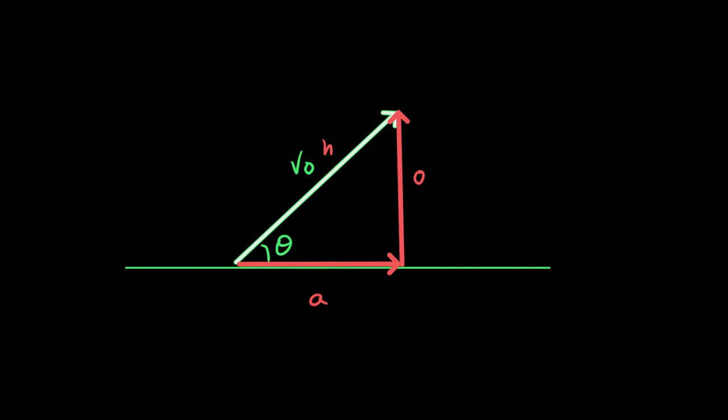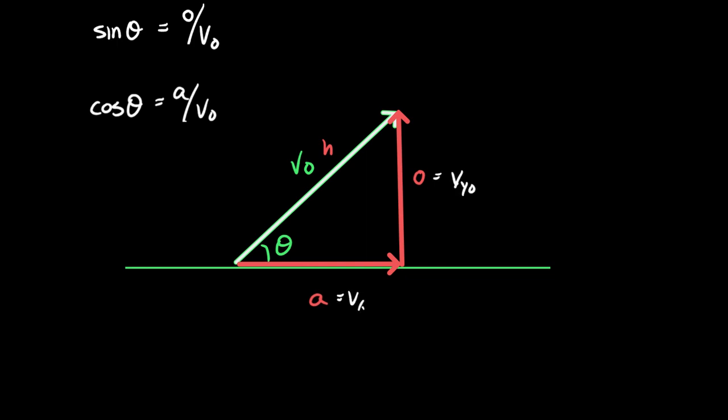I want you to do the trig fresh. But you guys who don't have the stamina, consider that it's always going to look like this. Every single time, won't it? The opposite side is always the initial y velocity. The adjacent side is always the horizontal velocity.